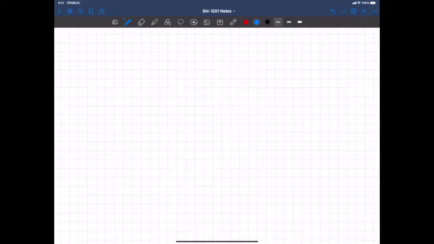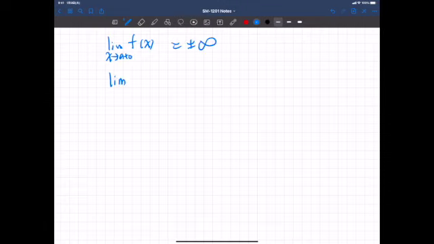Next, let's prove the case when the limits of f and g are positive or negative infinities. The right limit of f is plus or minus infinity, and the right limit of g is also plus or minus infinity.